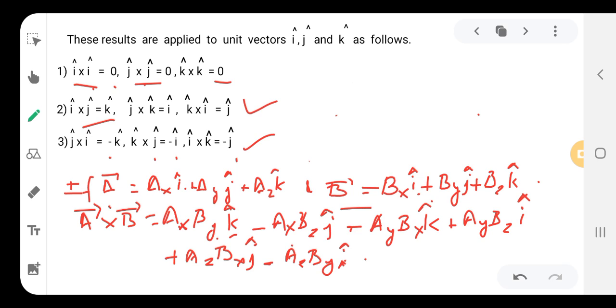Here I cross I becomes 0, so ax bx becomes 0, and similarly ay by becomes 0. I cross j gives k cap. By taking this, the third one, we get minus here. Where we get plus, you first completely multiply and see the result.